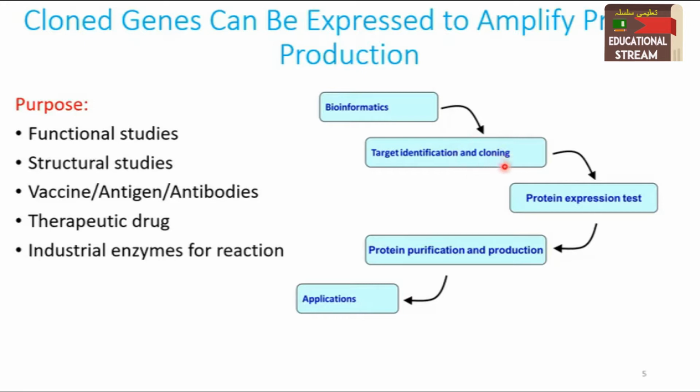After confirming the cloned plasmids, we send our sample for sequencing or use restriction digestion. Then we move towards the protein expression test. First we do some pilot experiments, and after observing that the protein is being expressed at a very high rate, we do the main experiment, and after protein expression we move toward protein purification. When the protein is purified, it is used for the purpose for which it was purified.